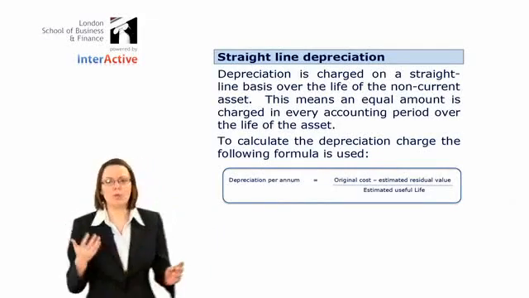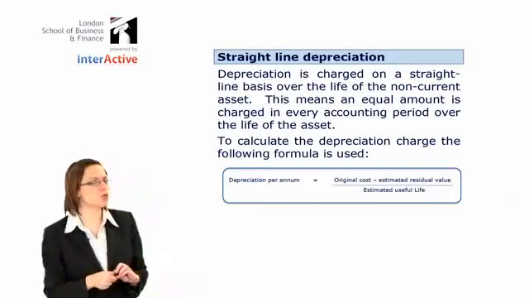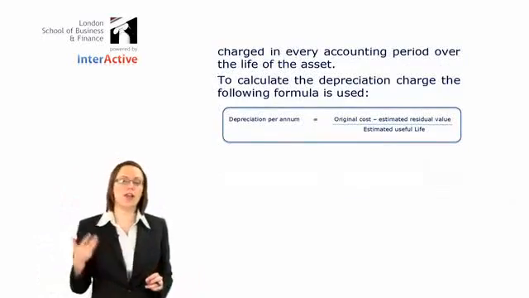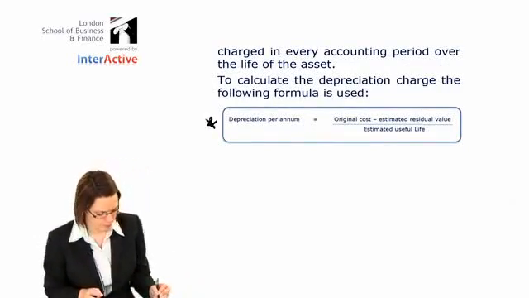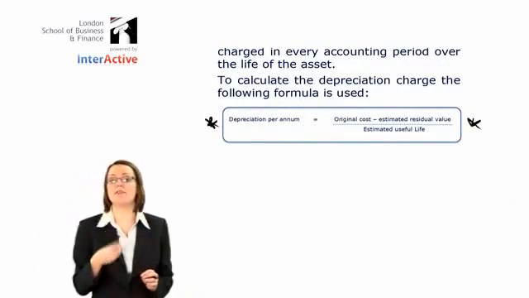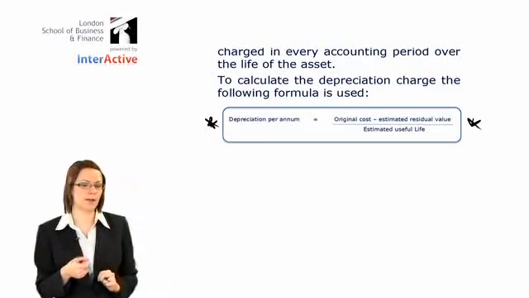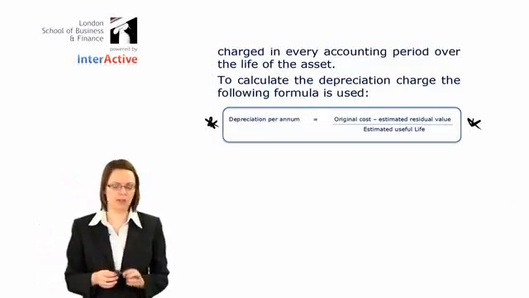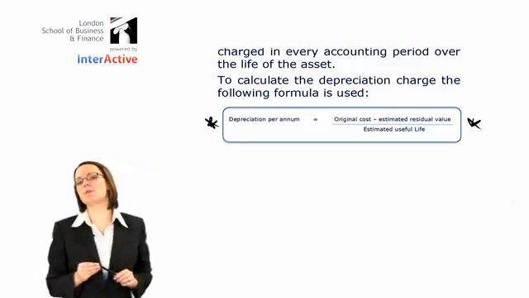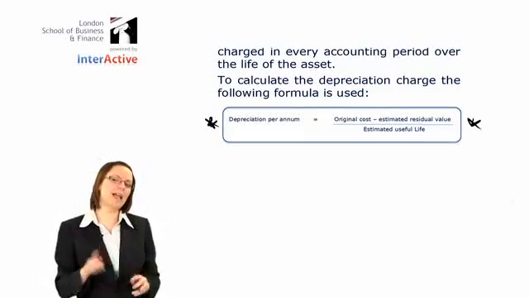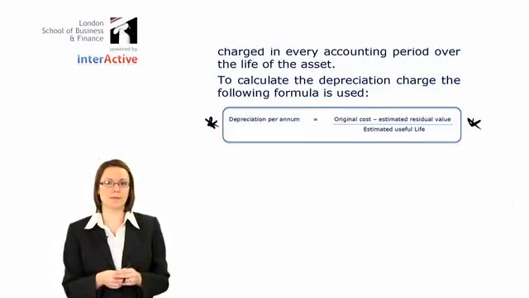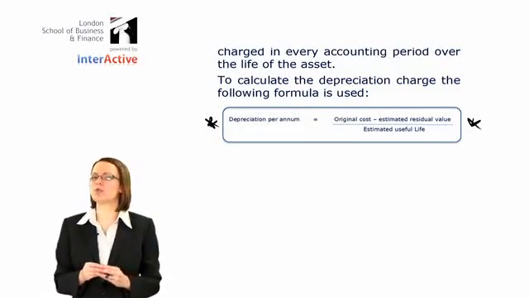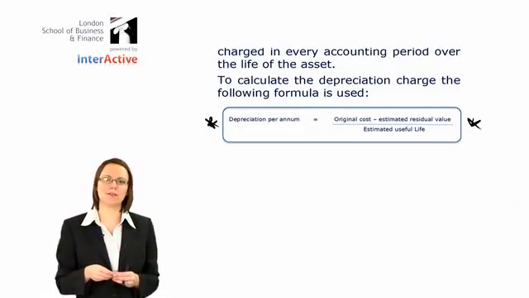Now, when we think about calculating straight line depreciation, you must learn this formula. Okay, very, very important. So, our depreciation per annum then. Well, the first thing we do is start off with the original cost of the asset that has been capitalised. We're then going to minus from that the estimated residual value of that asset.